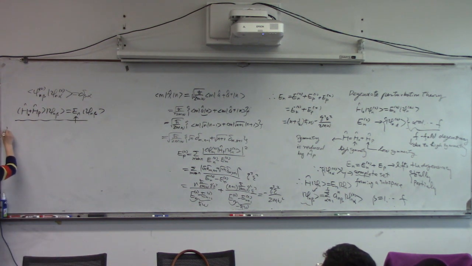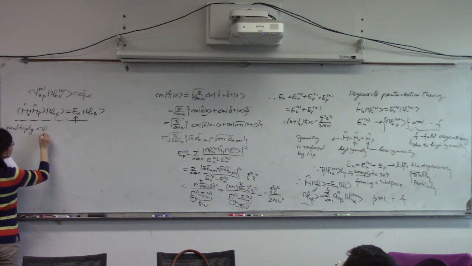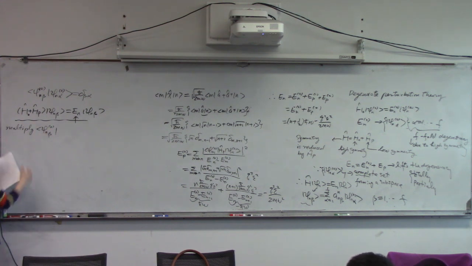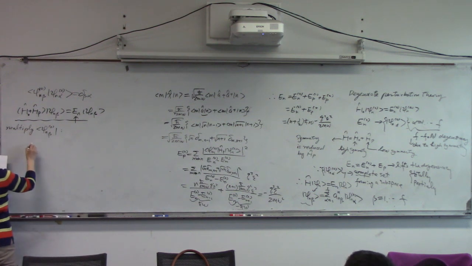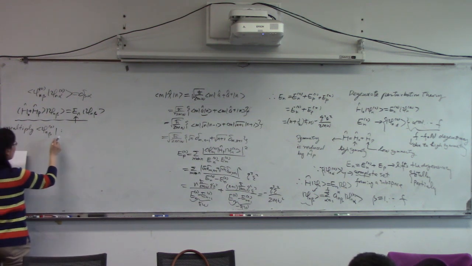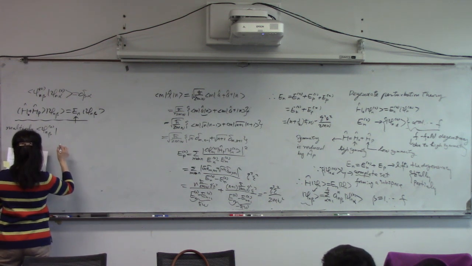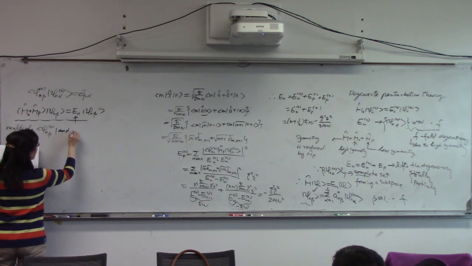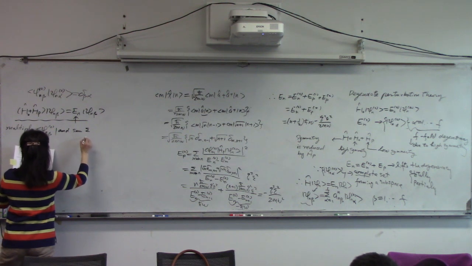So now let's multiply by the bra of beta. Since we know this, multiply this, then we have the left-hand side and a sum, and sum over all the beta.